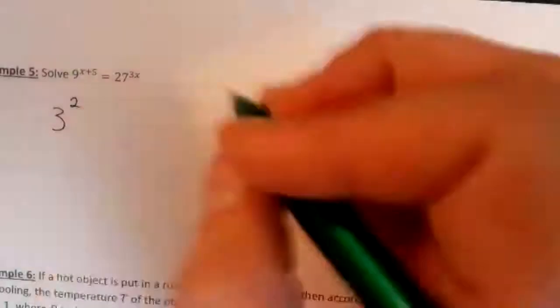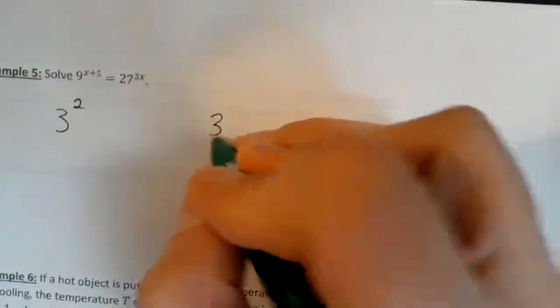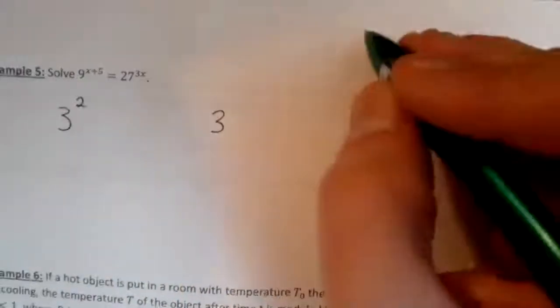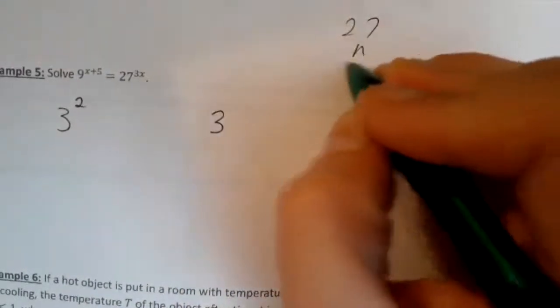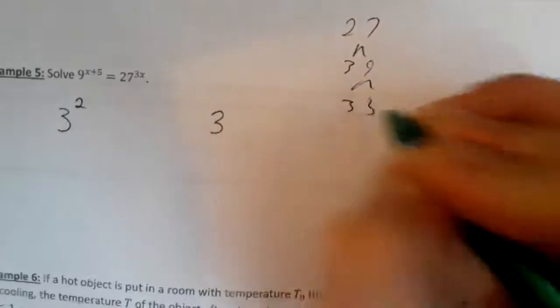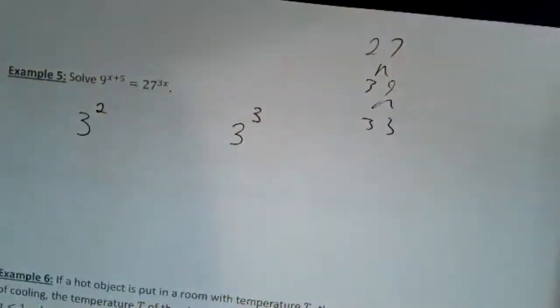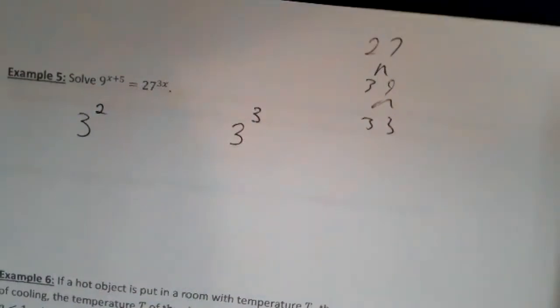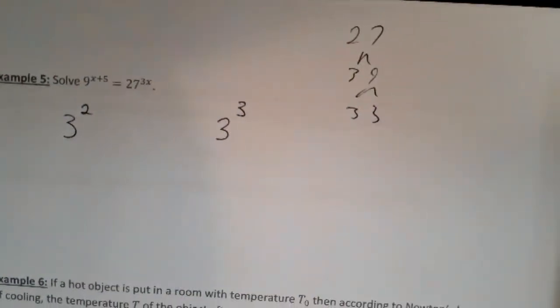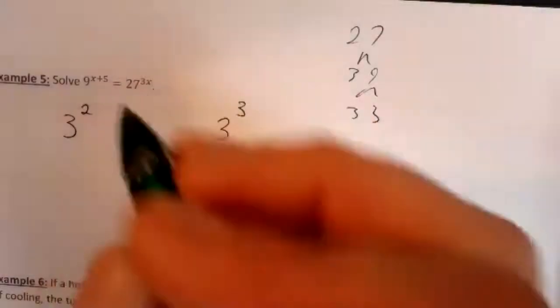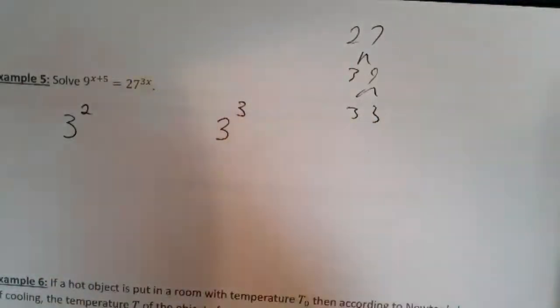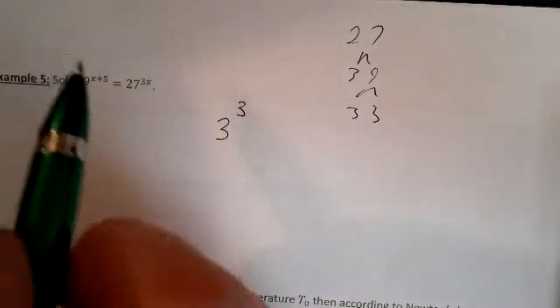And if I think about the prime factorization of 27, it's 9 times 3. You can do a little tree real quick if you want, but it's 3 times 3 times 3. This is going to be 3 to the third. And if I just replace these, you might notice that this problem becomes a lot simpler, a lot quicker.